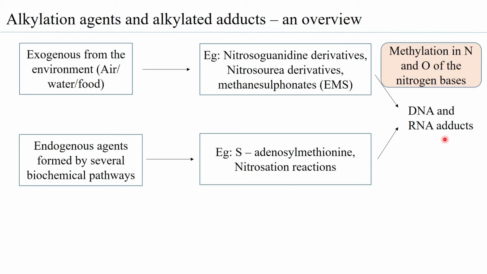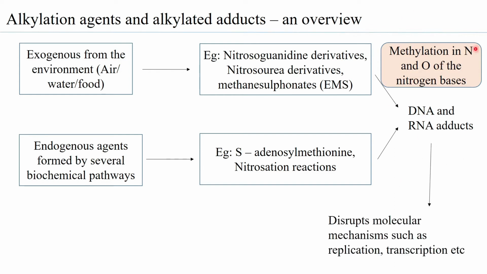And the methylation is generally either O alkylation or N alkylation, which means that both O and N, whether it is exocyclic or part of the aromatic ring itself, can be alkylated.